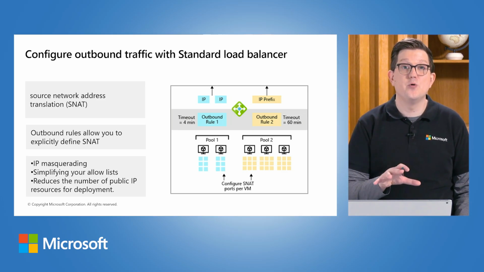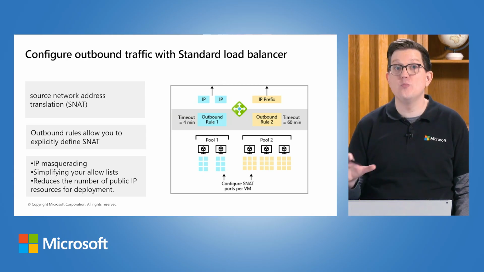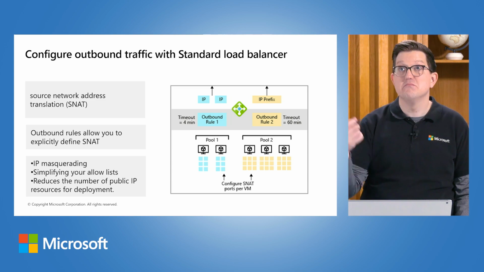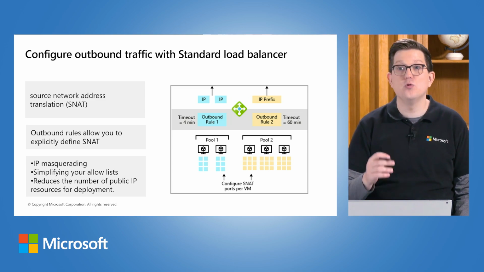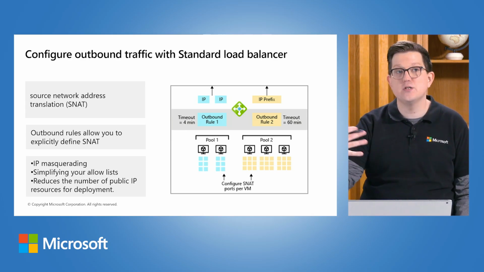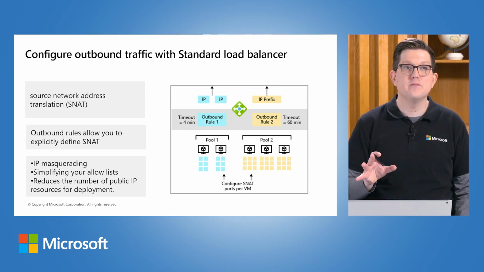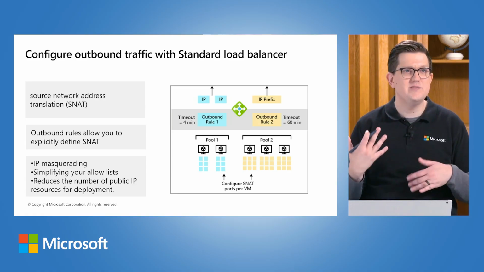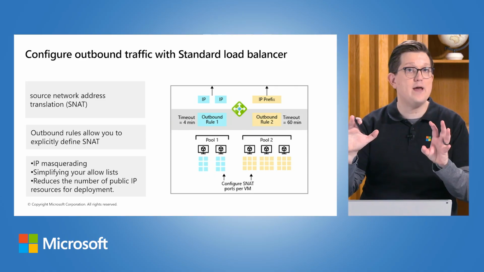Standard load balancers support both inbound and outbound rules, which means we're able to perform network address translation, both for destination NATing. I want to come in and access a specific virtual machine, set up a rule accordingly. Set one port to go to one VM in the pool. Not a problem. But we can also do it on the way out. This means that virtual machines in the backend pool don't necessarily need their own public IP to be able to talk out to the web.